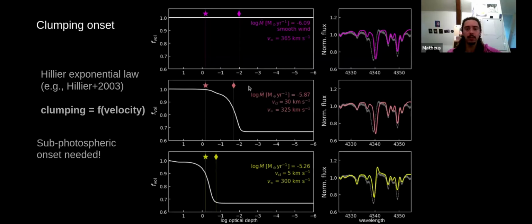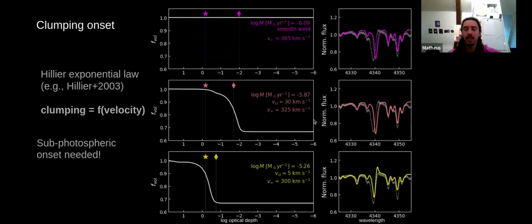Then we try different values of clumping. We try different onsets of clumping. Here, all of them have the same amount of clumping: this f parameter, the value that we set in the outer part of the wind, is the same for all of them.